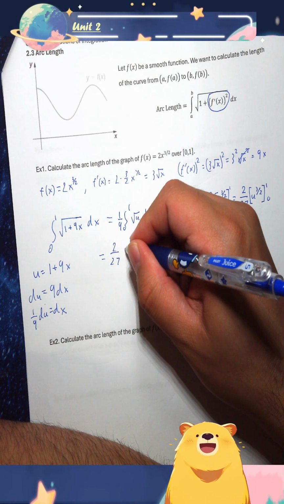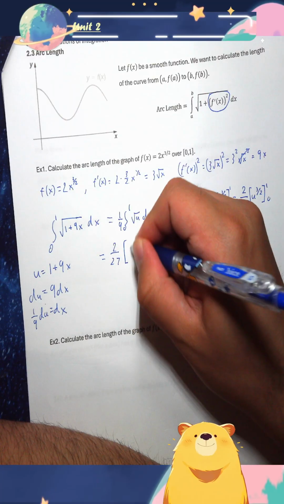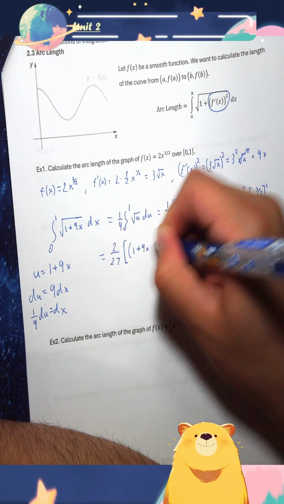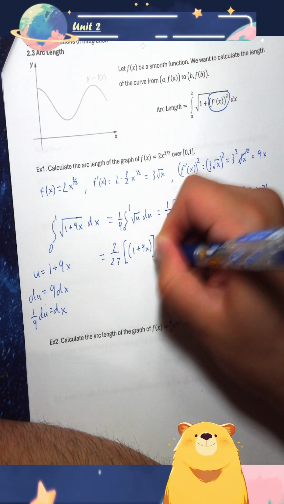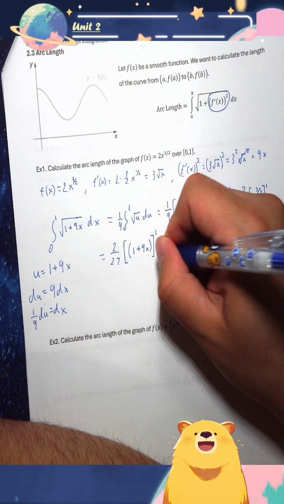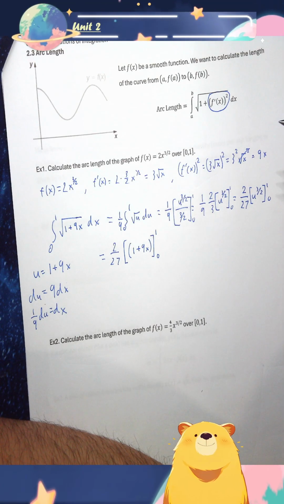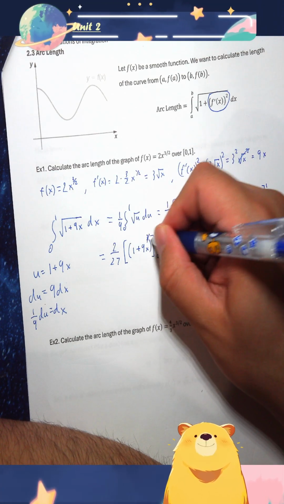And then now, filling in the whole thing, 9x plus 1, to the power of 3 over 2.